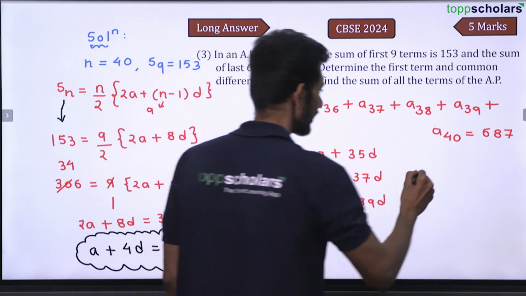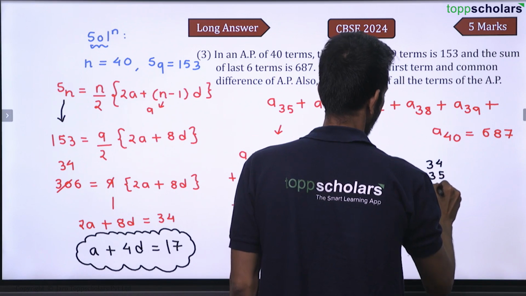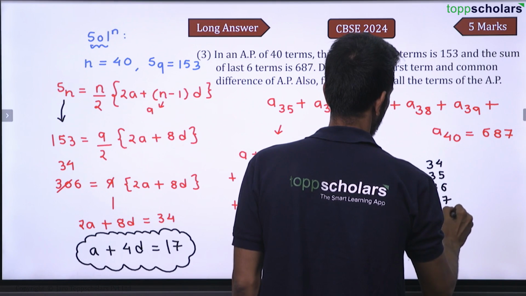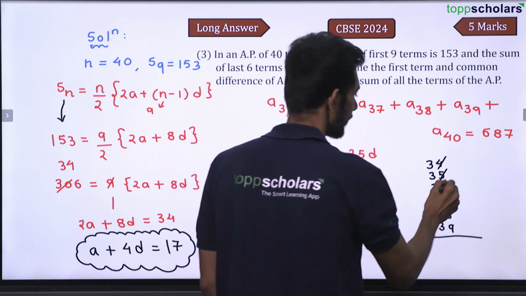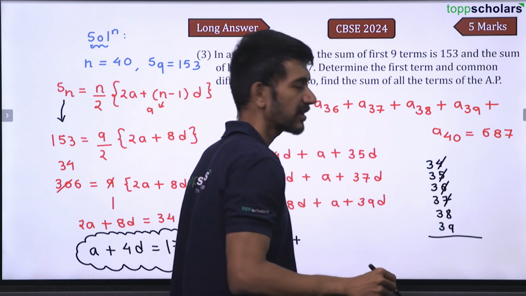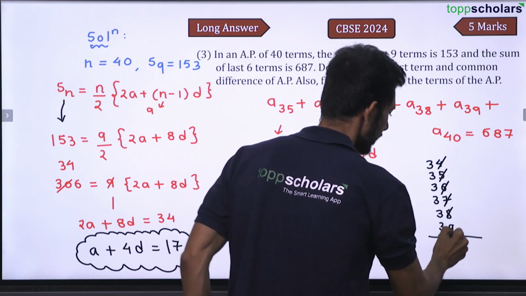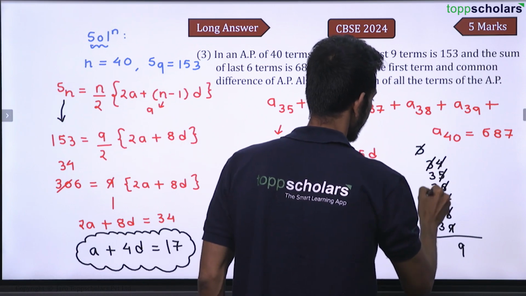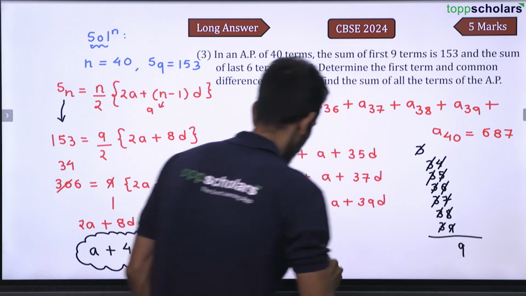So we can do that. 4 plus 5 is 9, 9 plus 6 is 15, 15 plus 7 is 22, 22 plus 8 is 30, 30 plus 9 is 39. 3 plus 3 is 6, 9, 12, 15, 18, 21. So this becomes 219d.